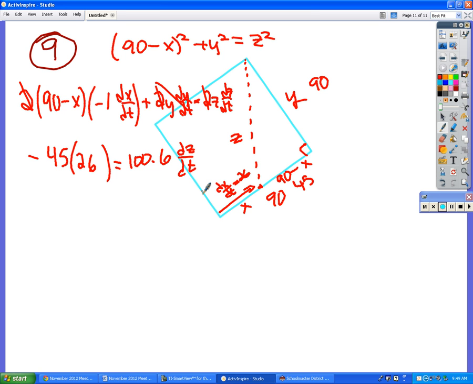Multiply those together, divide by 100.6. What is it? 11.63.